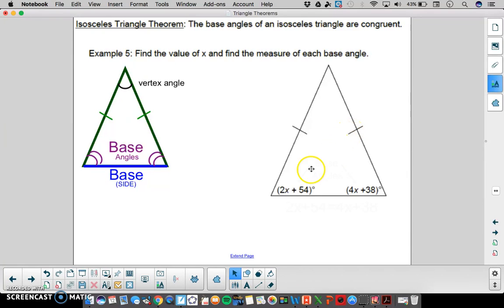The ones across from those congruent sides are the base angles. Therefore, 2x plus 54 and 4x plus 38 are congruent angles. So we would set them equal to one another and then solve for x. I'd like you to find the value of x and then find the measure of each angle, not just each base angle, but also the vertex angle up here.